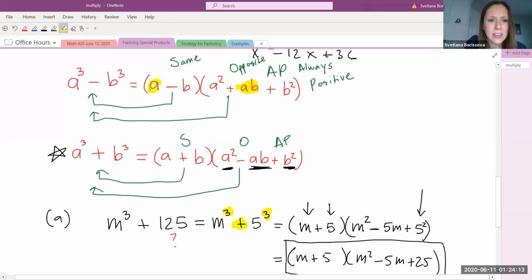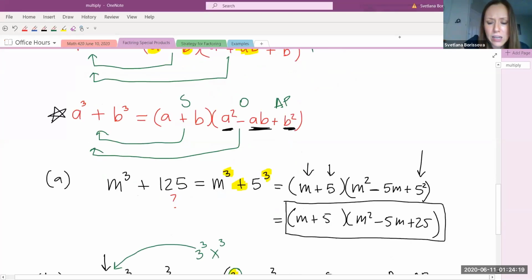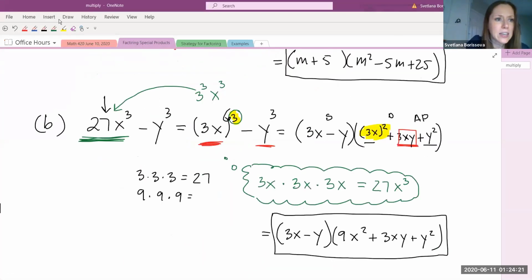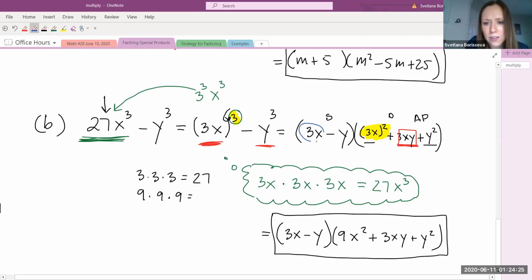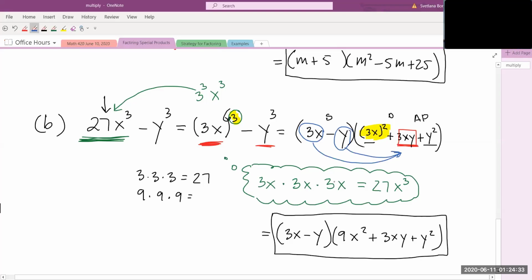It's like taking this term and multiplying it by this term, a and b. So in my case, it's taking 3x and multiplying by y. If I multiply them together, I get 3xy. Oh, okay, I see. So it's always their product in the middle.